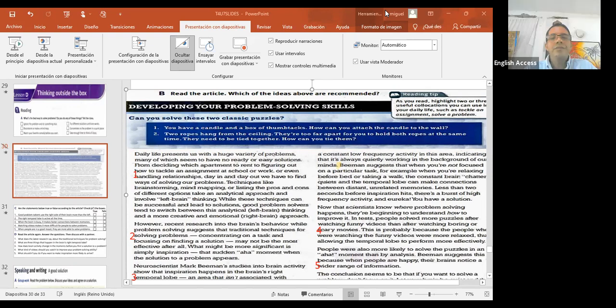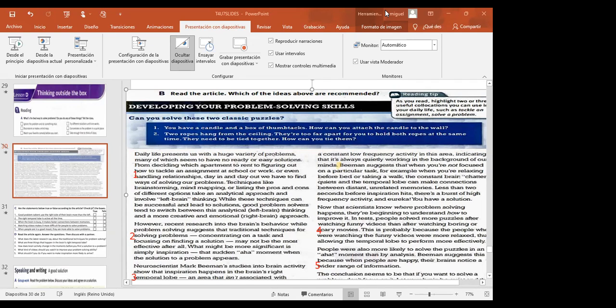Number 2. However, recent research into the brain's behavior while problem solving suggests that traditional techniques for solving problems, concentrating on a task and focusing on finding a solution, may not be the most effective after all.